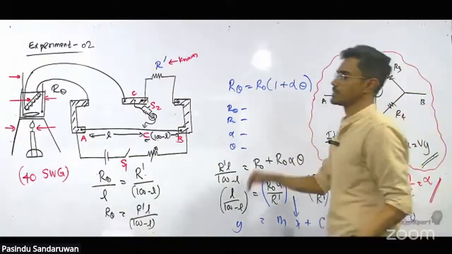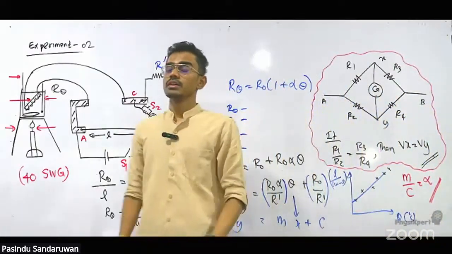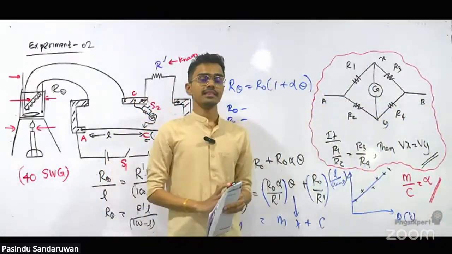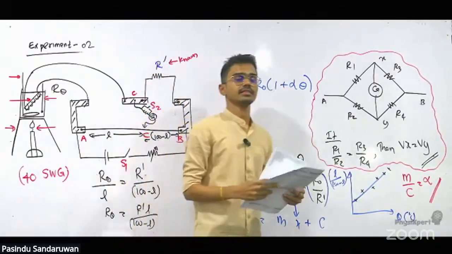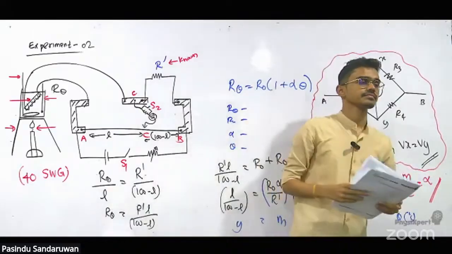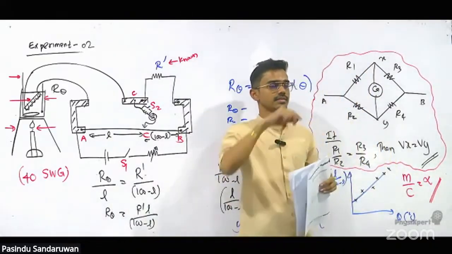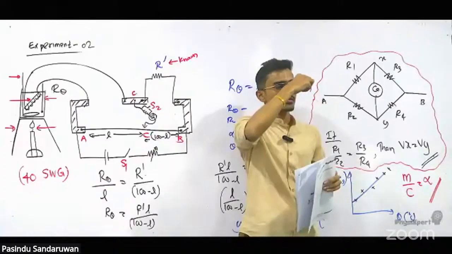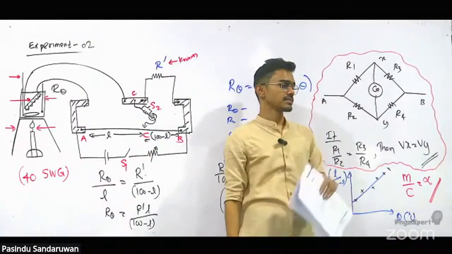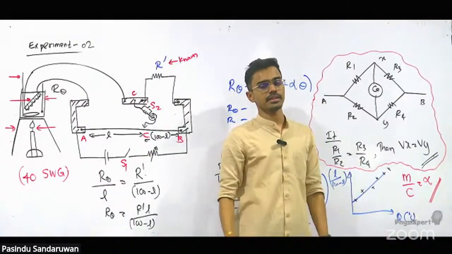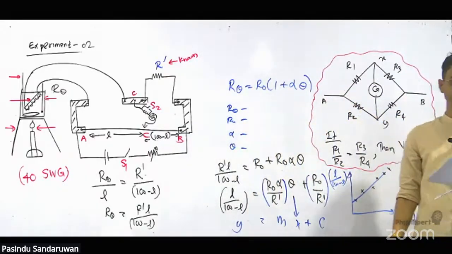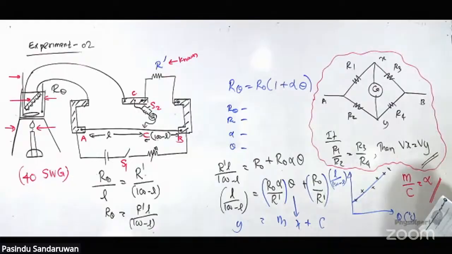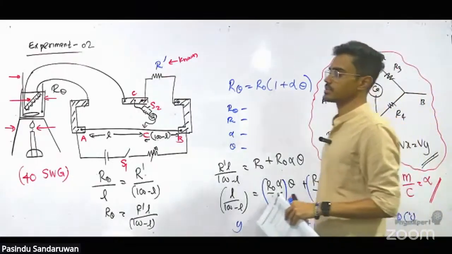Okay, then write down below: if the balance length of the meter bridge is L, put a comma.